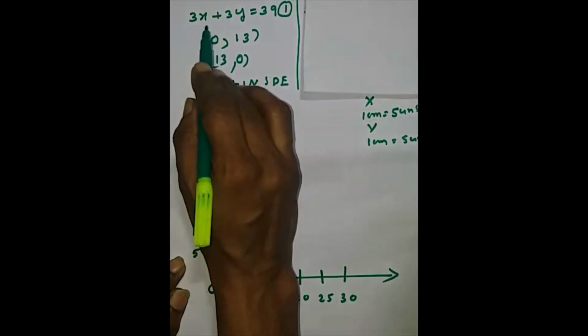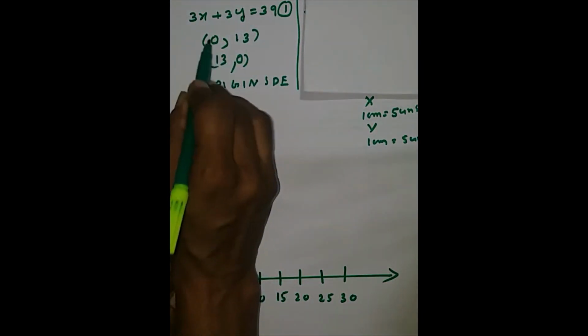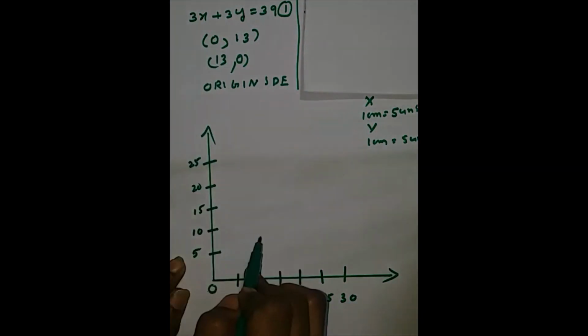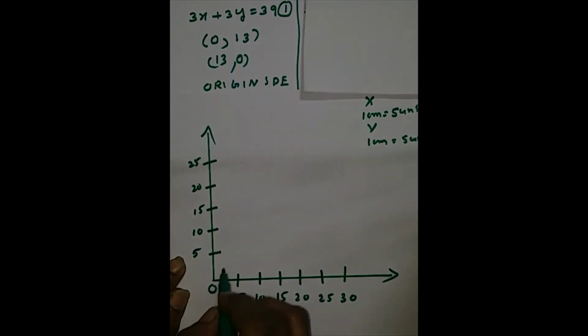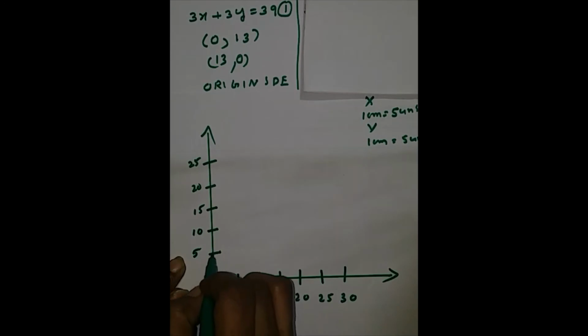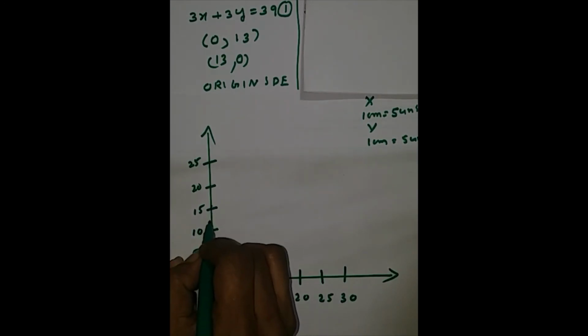We are going to draw the line first. For drawing this line, we plot these 2 points and join them. 0, 13: the 0, 13 point is not marked, so between 10 and 15, 13 will come.